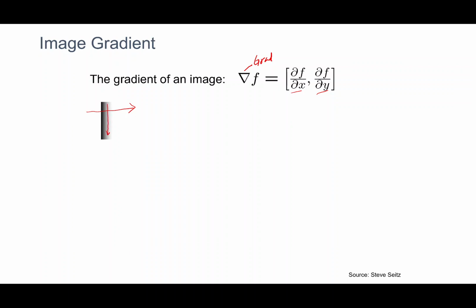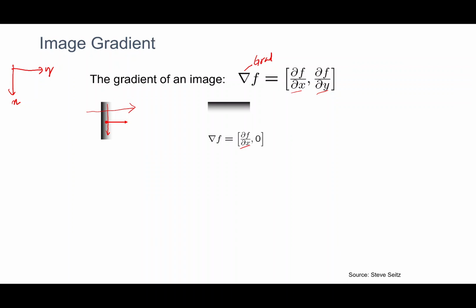So we can think about which partial derivative is non-zero for this kind of a patch. You will notice that since our convention is this is x and this direction is y, the non-zero derivative is the partial derivative of f with respect to x.